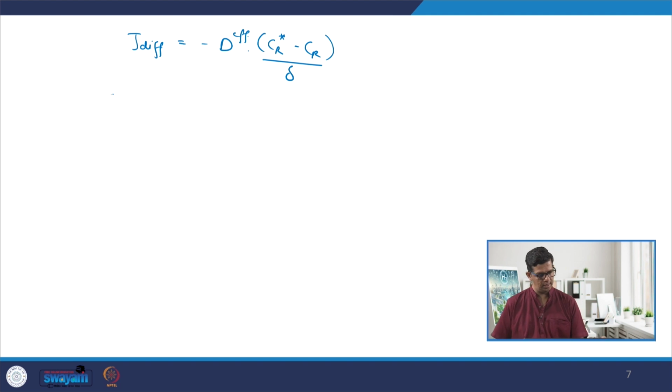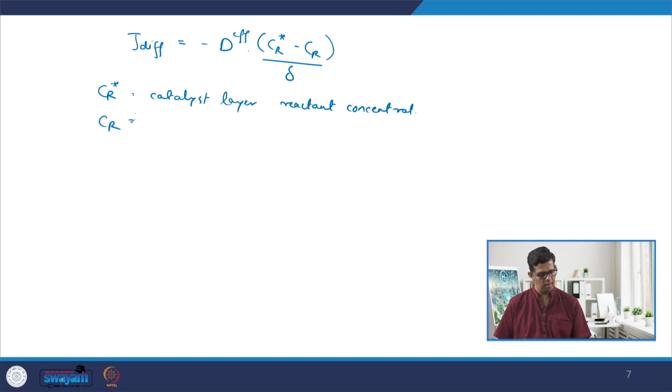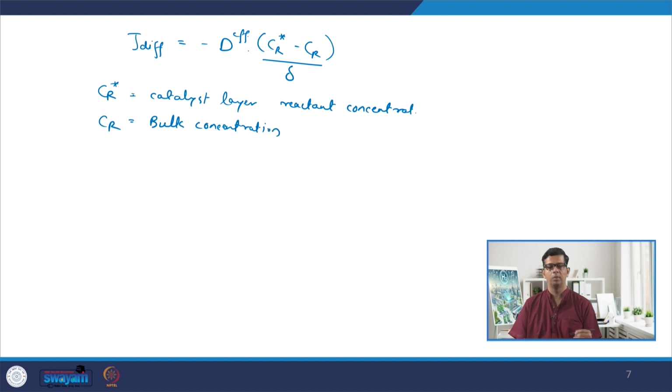What is the Cr star? That is the catalyst layer reactant concentration, and Cr is bulk concentration, or the concentration which we supply, which is available in the channels of bipolar plate.